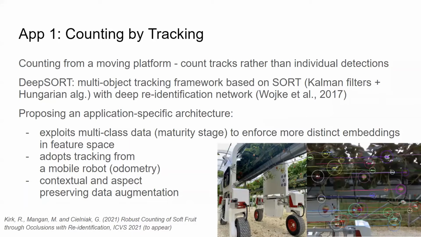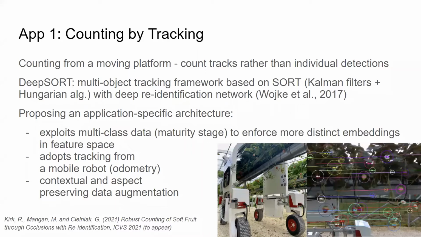So the idea here is that instead of doing counting through detection, so just taking the individual detections of the fruit, which you can do as well, you employ tracking, and you can do so because we are looking at the scenario where the cameras are mounted on the phenotyping robot, like we see below, which traverses the rows of strawberries with a constant speed.